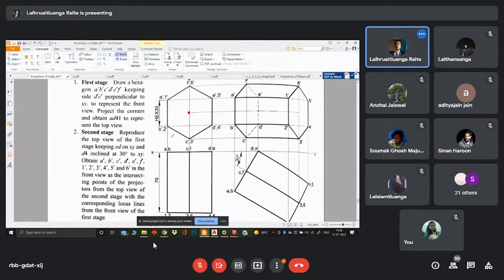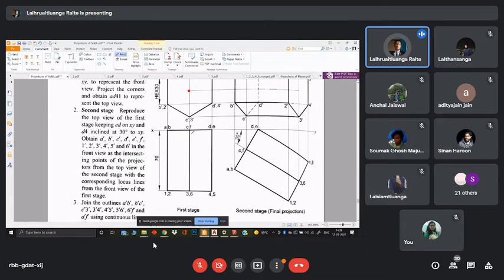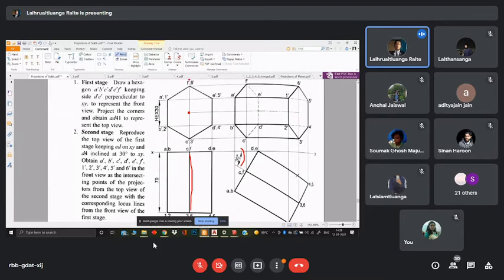All right. So in the next stage, as we have our axis along this, when we rotate it, we make sure that this axis is making 30 degrees to the XY line. So we have that inclined at 30 degrees, and when we project it, we get our actual front view.